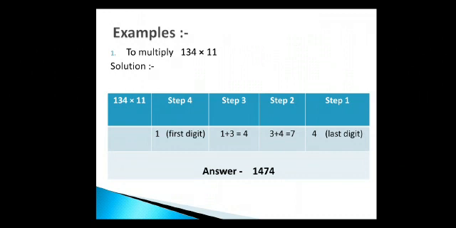Step 3, we add the next two digits, that is 1 and 3. So 1 plus 3 is equal to 4. And at last, step 4, we write 1 as the first digit of the number a. So the answer is 1474.